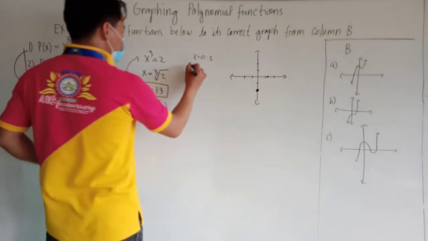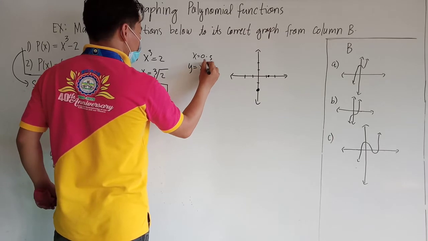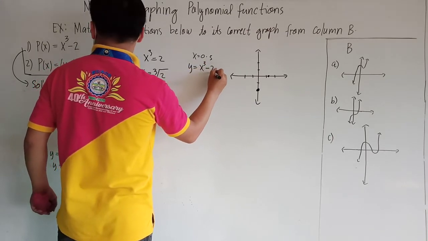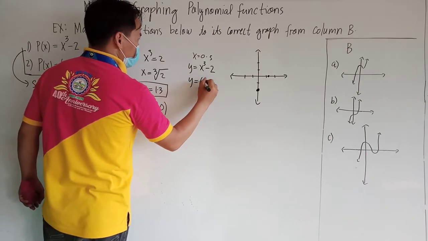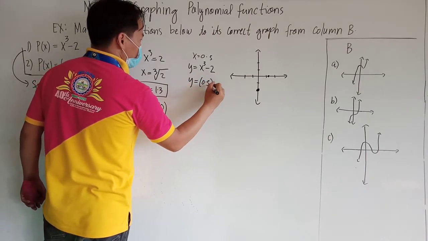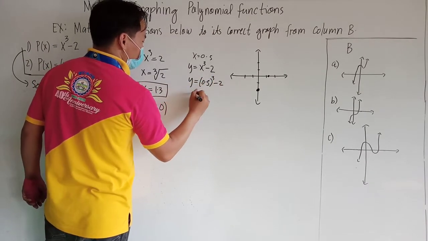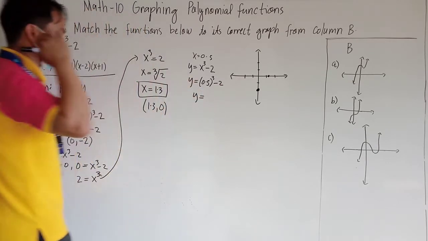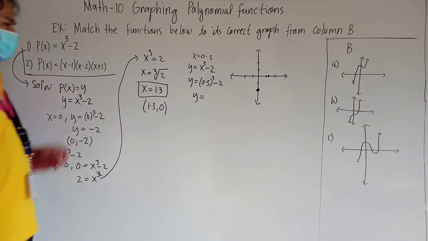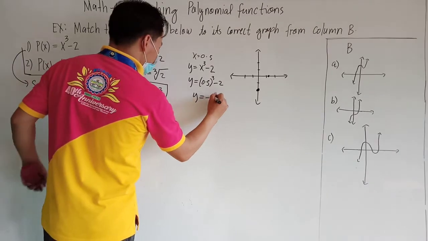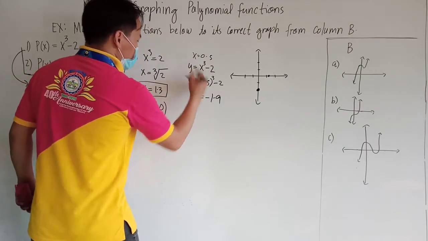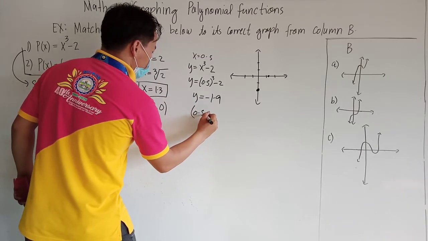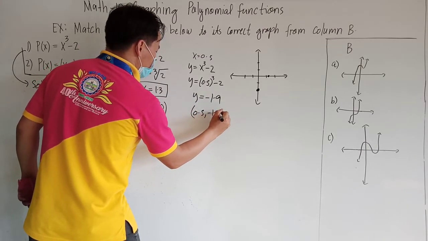From the given function, y is equal to x cubed minus 2. So with x 0.5, y is equal to 0.5 to the power of 3 minus 2, it will give us the value of y as approximately negative 1.9. So therefore, it's at point (0.5, -1.9).